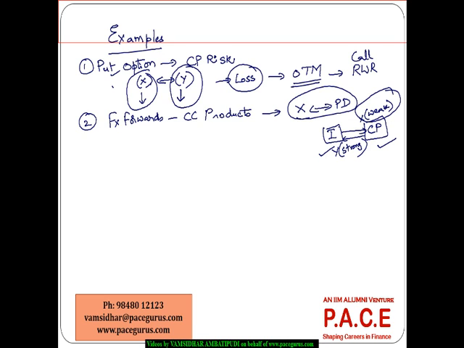So the loss for this particular party is much more, because the currency in which he has to receive is much higher compared to that of the counterparty's currency. So overall the total amount that needs to be received is much higher, which is a very good example of wrong way risk.